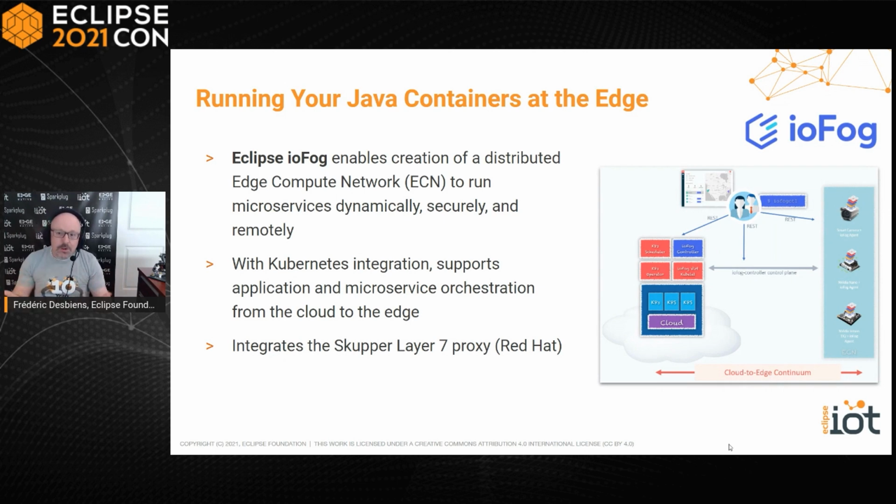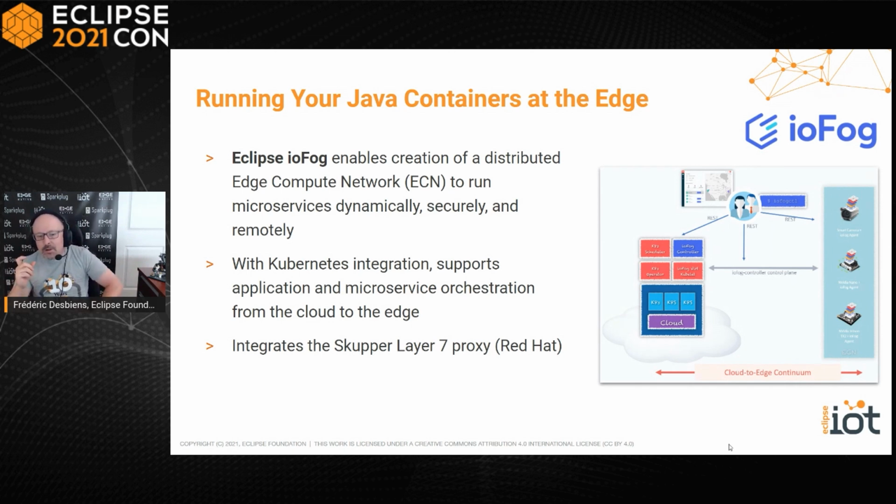And obviously we support any containers. So you do Quarkus, you do plain Java, you do Vert.x, you compile using GraalVM and put some executable in there. Whatever you do, whatever is the resulting container, you can orchestrate that at the edge using ioFog.